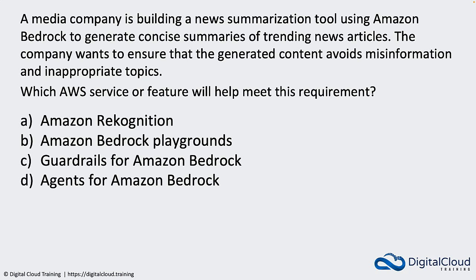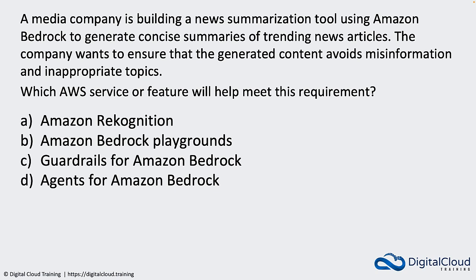C is guardrails for Amazon Bedrock. Now, what can guardrails be used for? Well, we can use them to generate content that adheres to certain standards, such as avoiding misinformation or inappropriate topics or harmful content. So that makes a lot of sense. In this scenario, guardrails would help ensure that the news summaries are both accurate and appropriate for the audience as well.